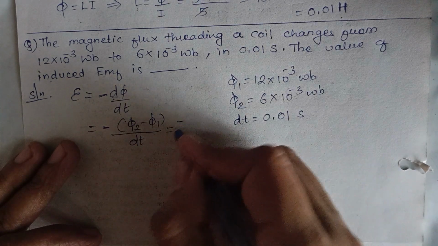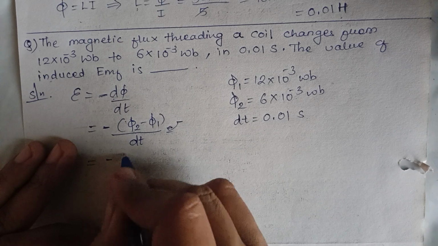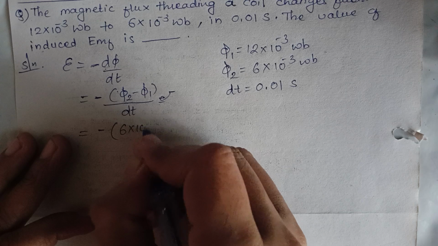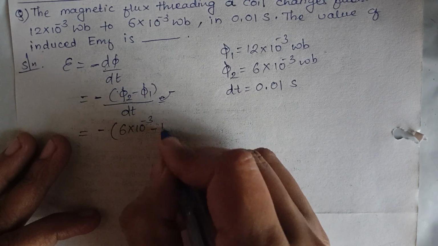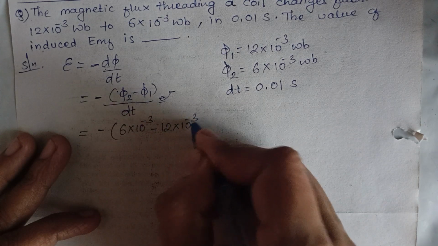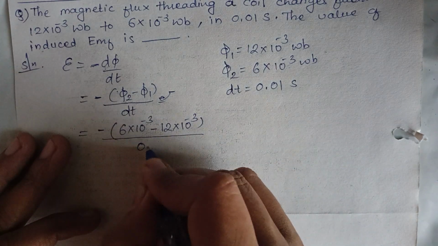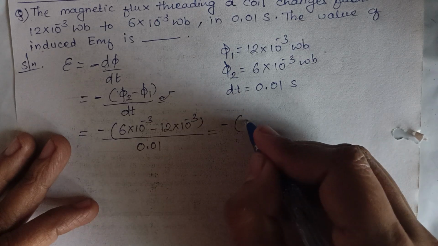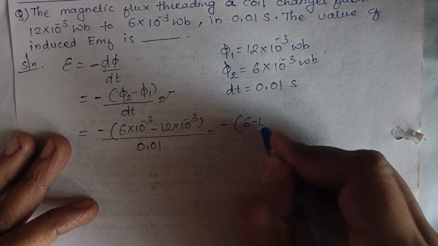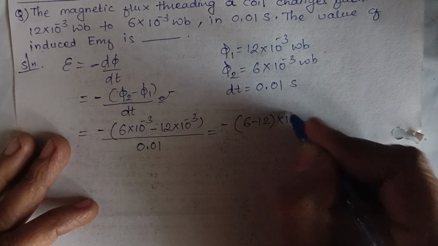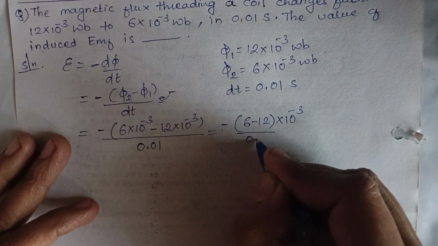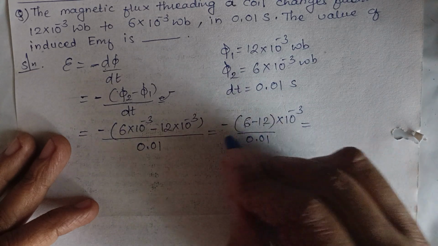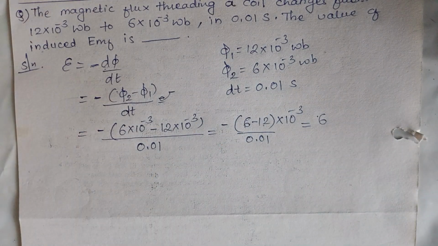So we have to write phi 2 minus phi 1 upon dt. So I'll write it here: 6 into 10 raised to minus 3 minus 12 into 10 raised to minus 3 upon 0.01. So 6 minus 12, I'll take common 10 raised to minus 3. So minus 6, so it becomes plus 6.